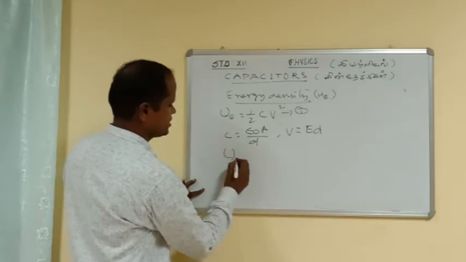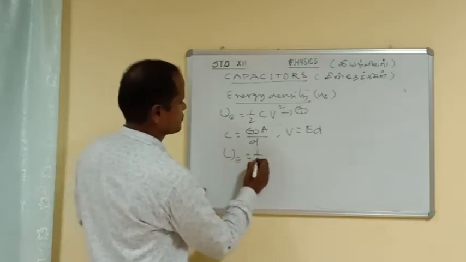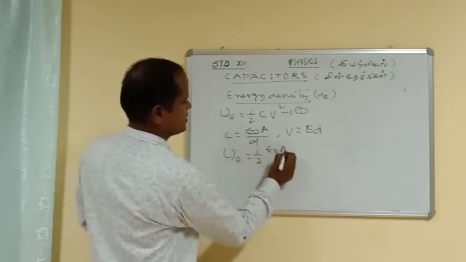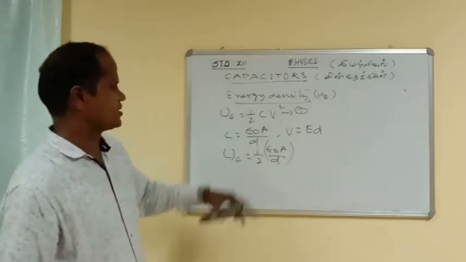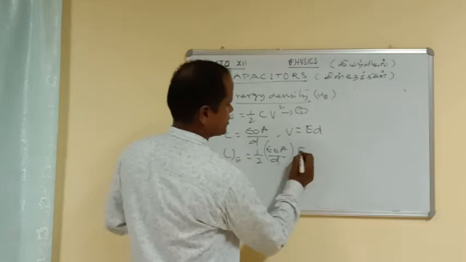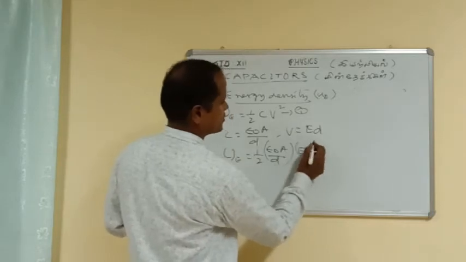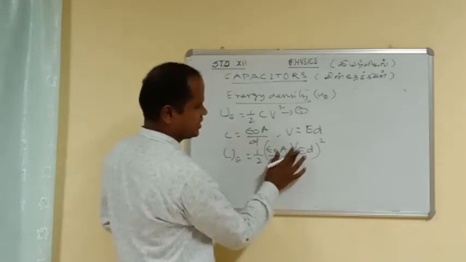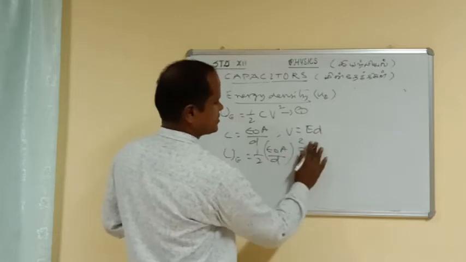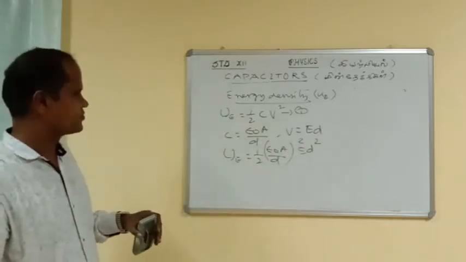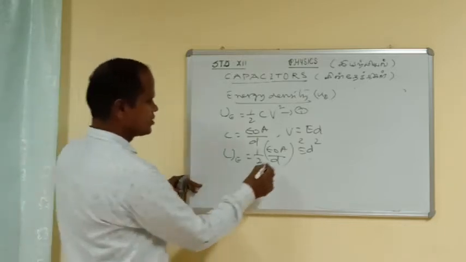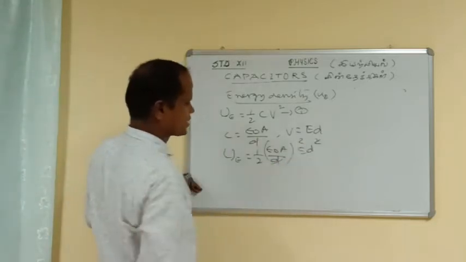So U_E is equal to half epsilon naught A by d, this is for C, times E d whole squared, or we can write E squared into d squared. Next, one d will be cut off.